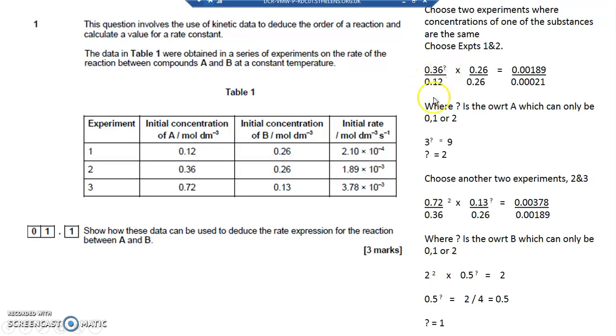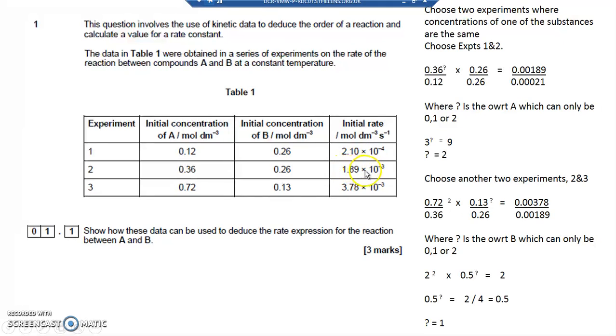0.36, and I've put a question mark, that's going to be the order with respect to A. So it's 0.36 divided by 0.12 to the power question mark, where the question mark is the order with respect to A, multiplied by 0.26, the concentration of B in experiment 2, divided by the concentration of B in experiment 1, 0.26 divided by 0.26, and that's going to be to the power of B. But it won't really matter because that's going to cancel.